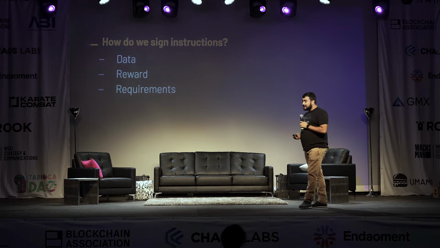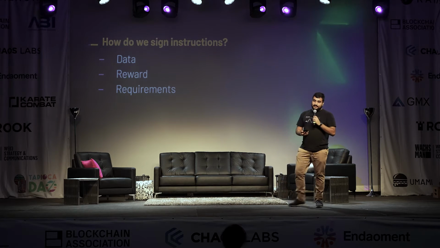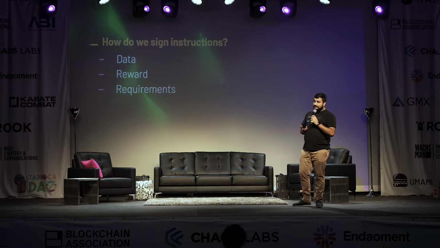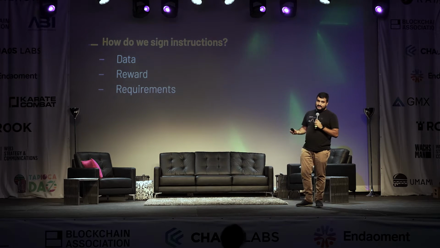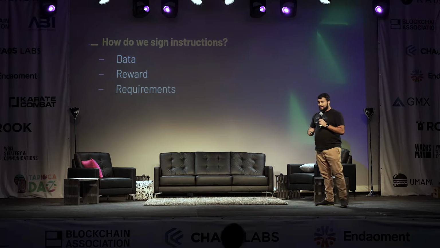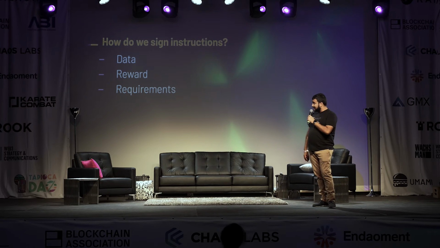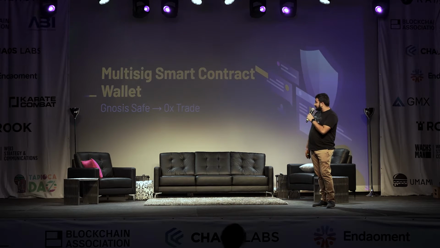It costs me, so I'm going to want some sort of financial incentive. That'll be the reward. And then broadly, you've got requirements. In the case of a simple smart contract wallet, this would just be a signature from a key pair. But there are a lot of other interesting requirements you can put in there, which we can get to later.